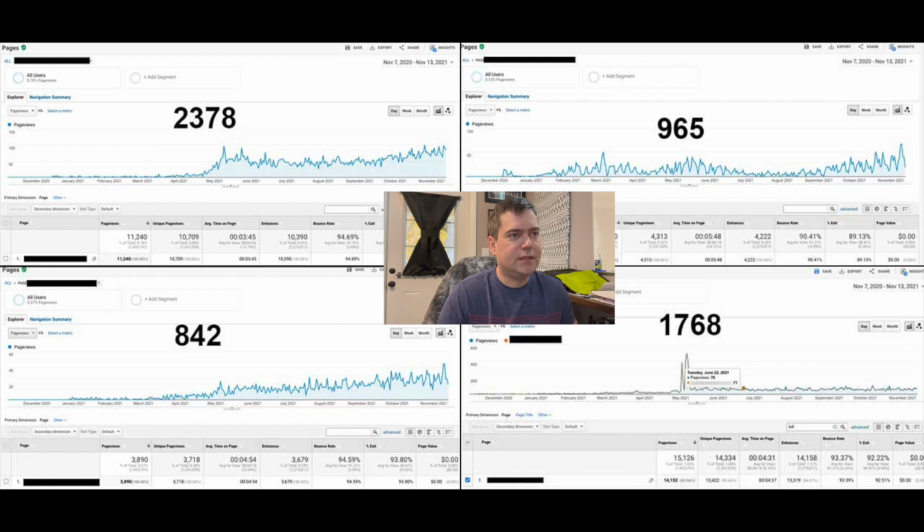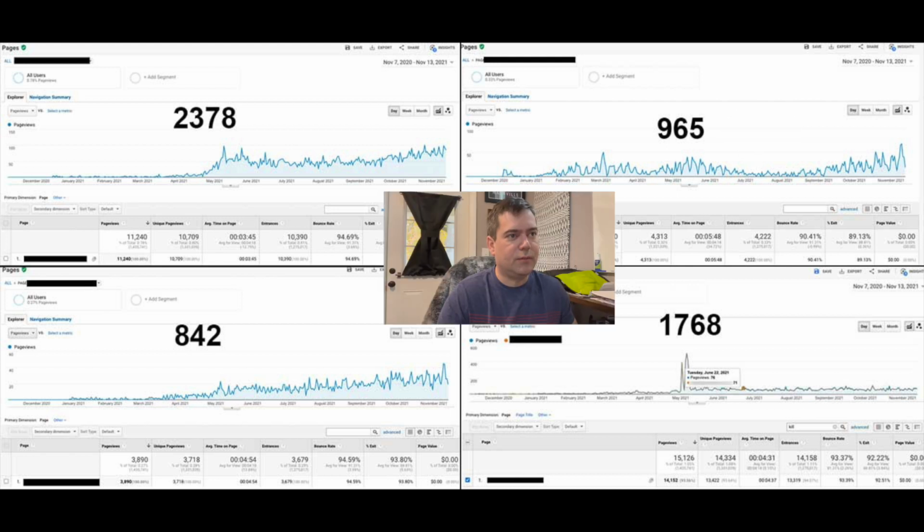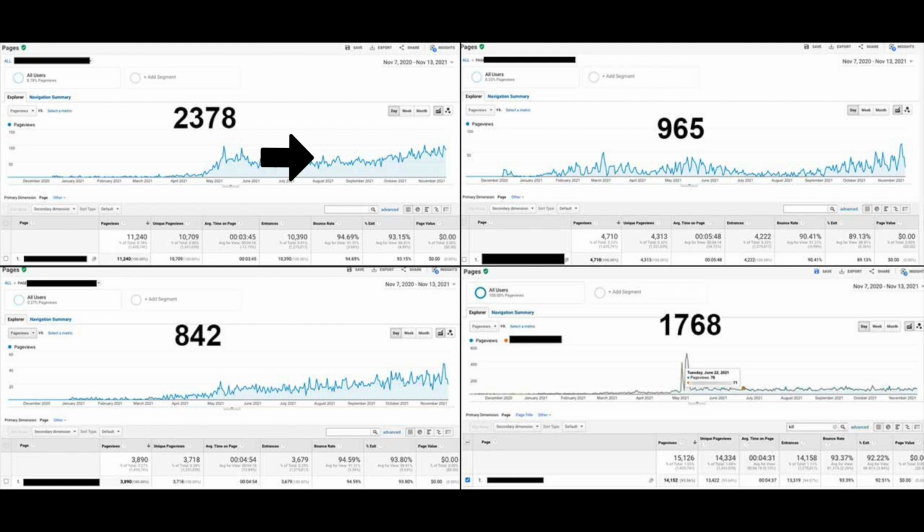This one here that's getting about 1,000 page views a month, which is still pretty good, has been pretty much all over the place, but it's kind of back on the rise. And this isn't really what I want to see as much because of these jagged spikes and valleys. It tells me that it's probably the type of content that's very popular on the weekends and then just takes a plummet during the week. I don't know. I prefer something steady like this, or even this.